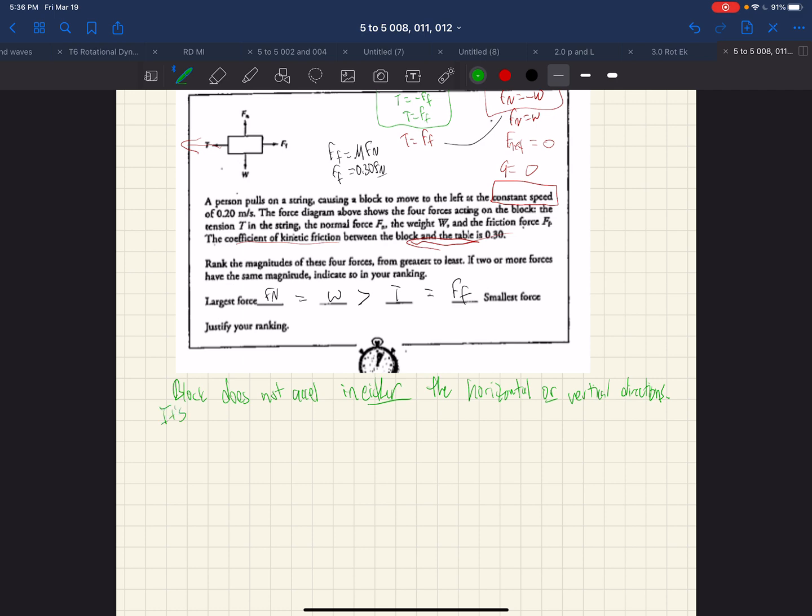It's not moving vertically and is moving at constant velocity horizontally.